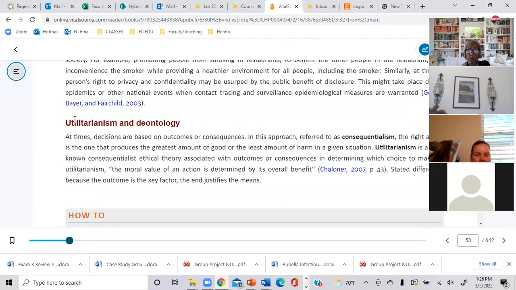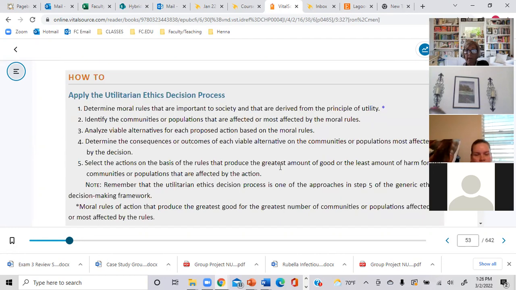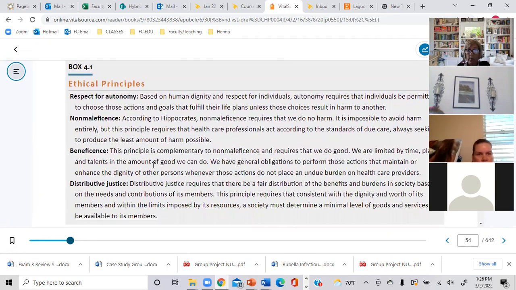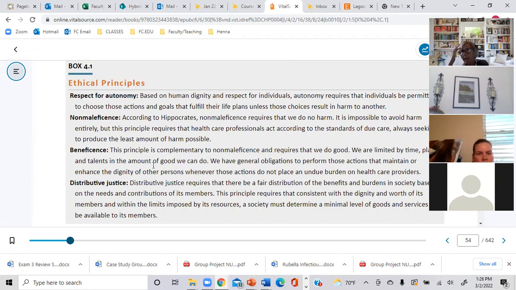Here's your whole section on ethical theories, starting with utilitarianism on page 53. Here's your ethical principles. Remember, this is our second question for our attestation, so somebody remember that for the end of class. Respect for autonomy, non-malfeasance, beneficence, distributive justice.